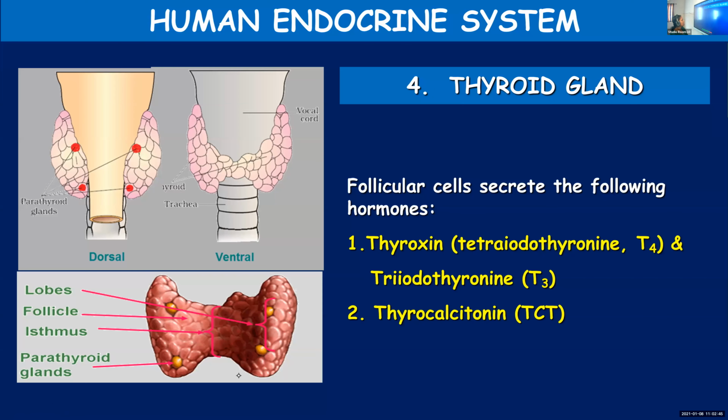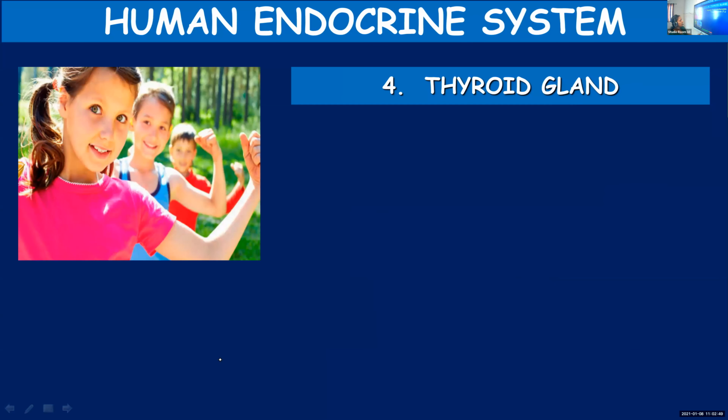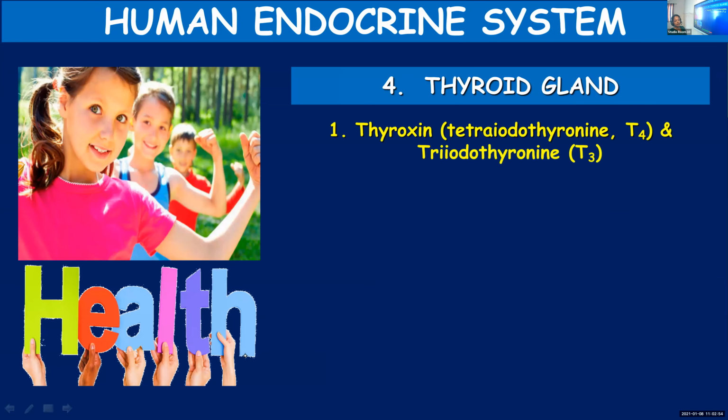Let's see the functions of these hormones. We'll start with the first ones. Thyroxine, tetraiodothyronine and triiodothyronine are the same category, even though the number is different, tetra and tri. Together they bring about regulation of basal metabolic rate or BMR.